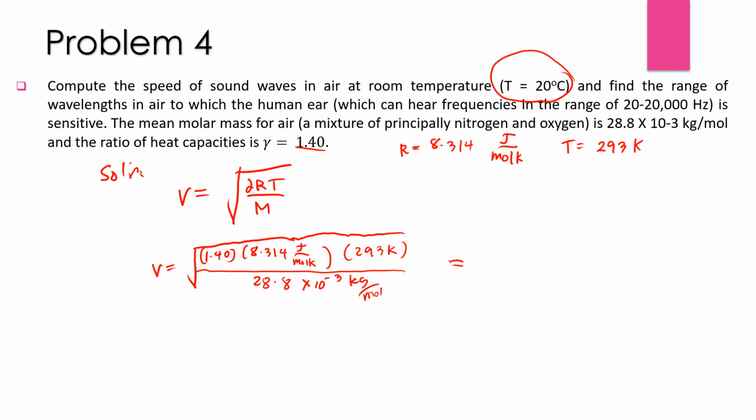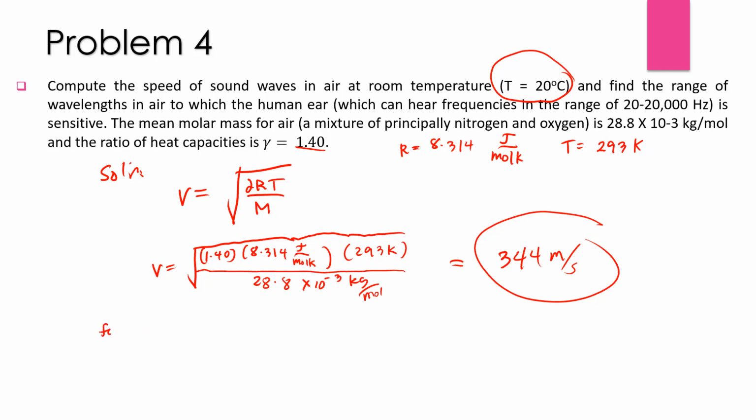So using a calculator, that is 1.4 times 8.314 times 293 over 28.8 times 10 to the minus 3. Take the square root. The v now is around 344 meters per second. The next question is to find the range of wavelengths from 20 hertz to 20,000 hertz.